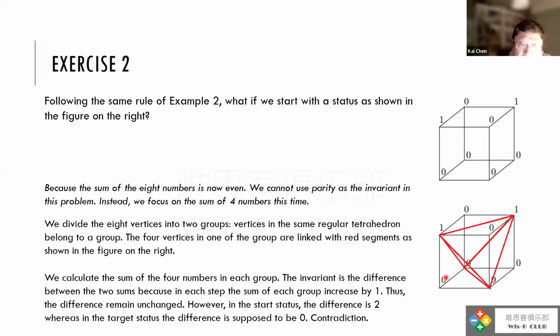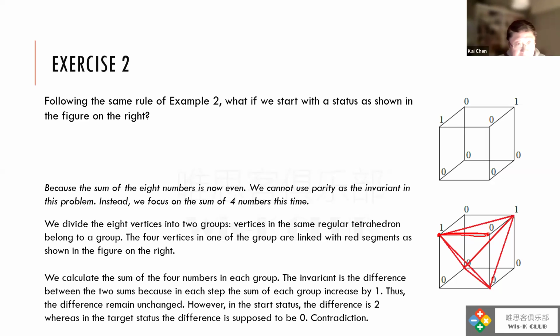Then you see again, what is the edge? Now I'm going to write the edge here. For example, this is an edge, this is an edge. So an edge will always connect 2 vertices, one belonging to one tetrahedron and the other belonging to the other tetrahedron. So if we add one number on both ends of an edge, the sum of the 4 vertices in each tetrahedron will increase by 1.